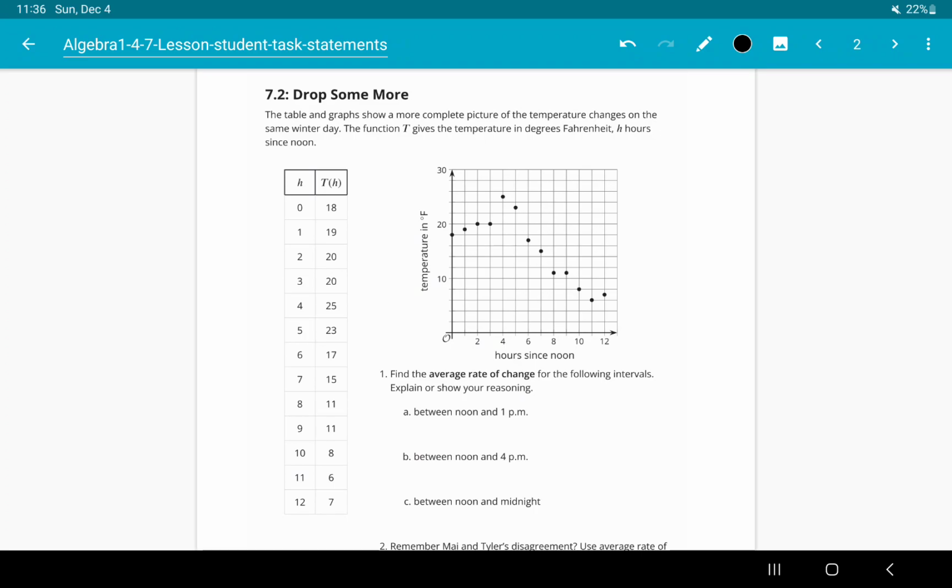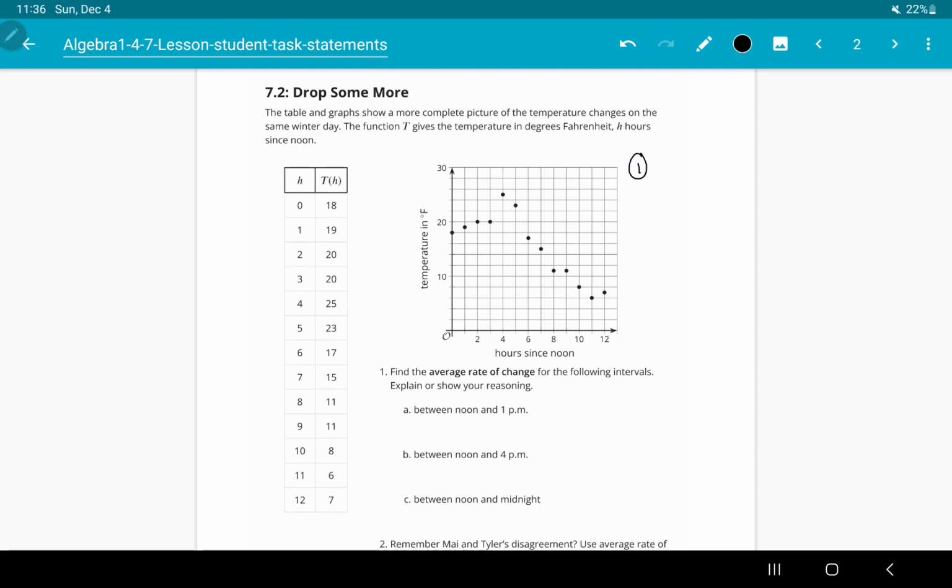Okay, so there are a few strategies that we can use. We can use hourly changes. We can use overall changes. And we can use slopes.